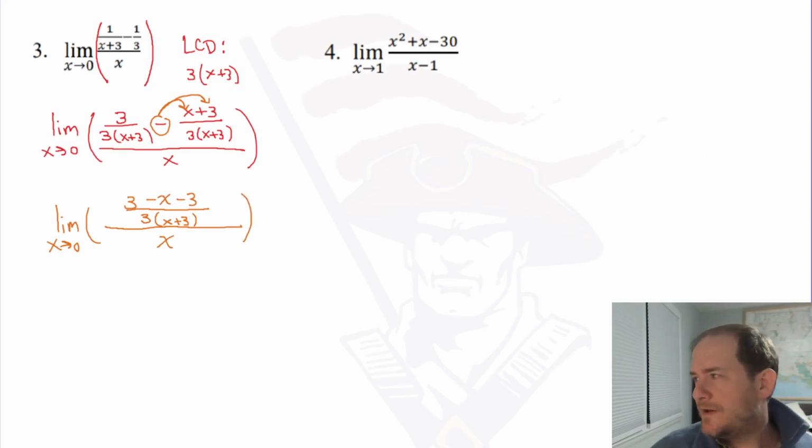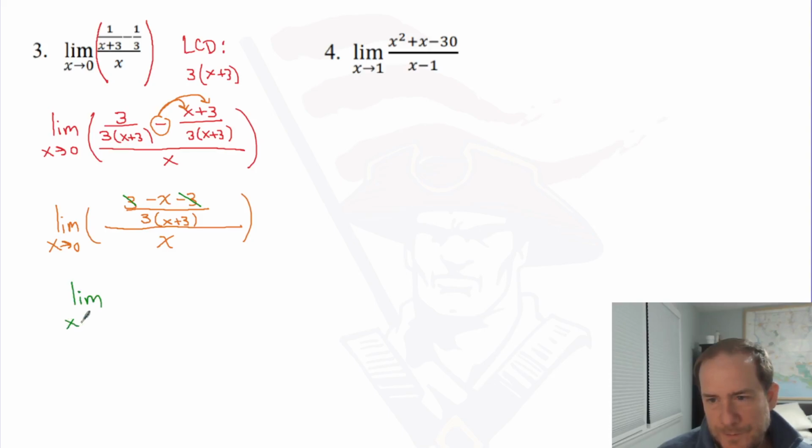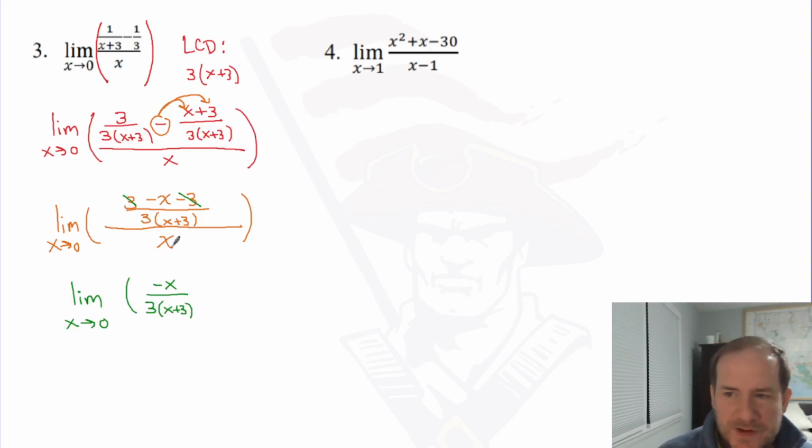But now from here we can see that the 3 minus 3 will just cancel out, leave us with a factor of negative x in the numerator. So we've got negative x over 3 times x plus 3. And again, I strongly encourage you, just think of this x that's in the denominator as x over 1, and then think of this whole thing as a big division problem with this as your division sign.